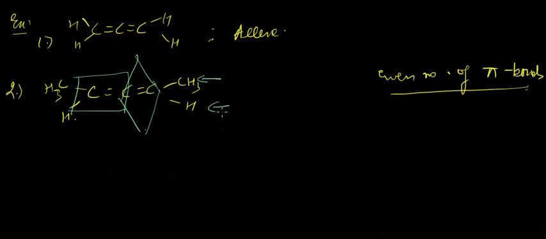So if this was the horizontal plane in which these two carbon atoms are lying, then these two groups are actually above the horizontal line and this is below the horizontal line.